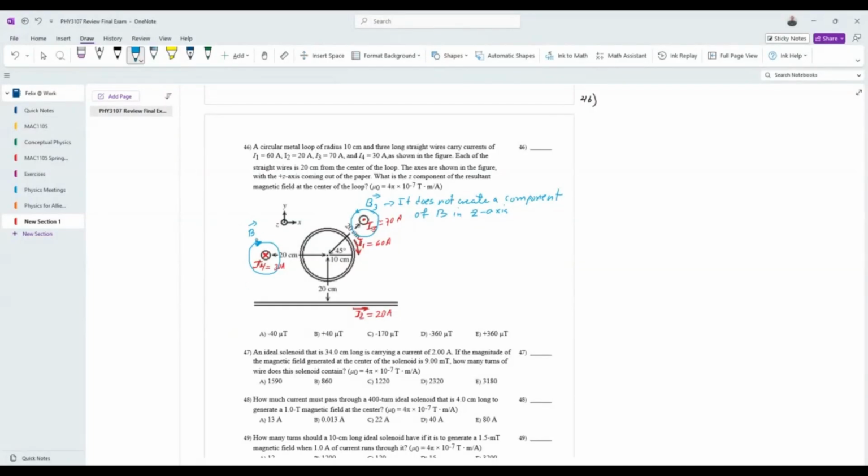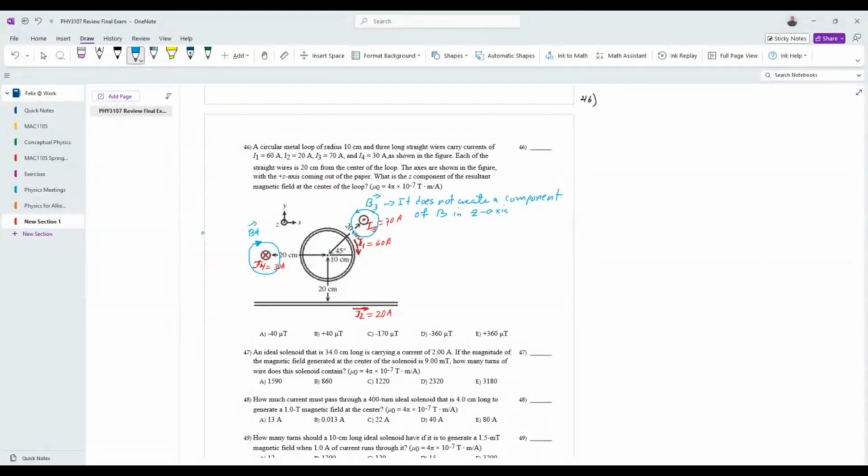Again, as this magnetic field is in the same plane as the loop, it doesn't create any Z component of magnetic field, exactly as the wire 3.